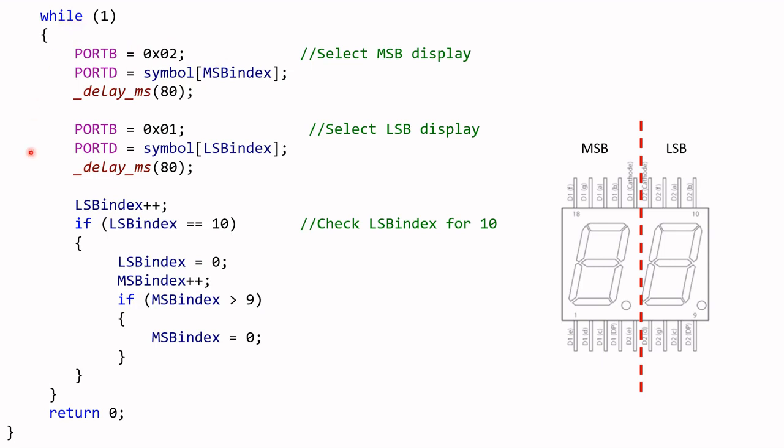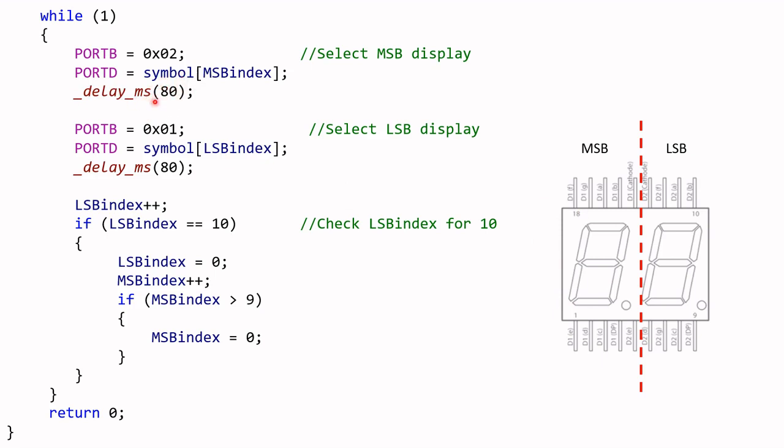So with the while loop, I have port B. Remember, I've already set port B as an output. I use 0, 2. That will select the MSB, which is this one here. Then output the symbol to this MSB, and then do the delay.